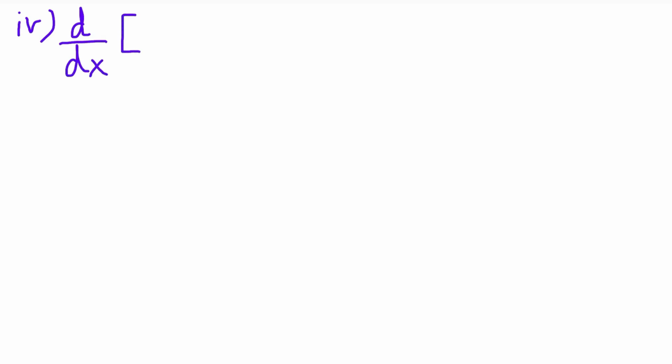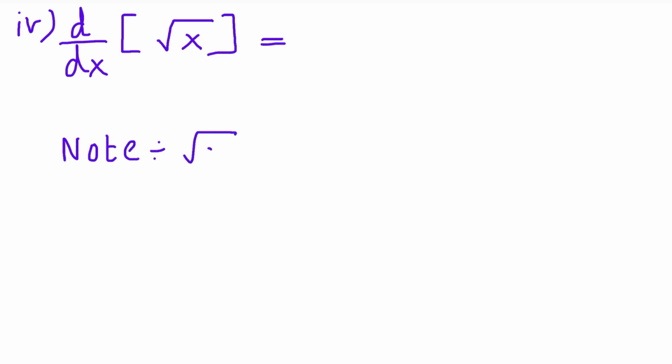Now let's move on to the next example. I'm going to compute the derivative of square root of x with respect to x. Now remember, we can write the square root of x as x to the power 1 half. So I want to use the power rule. Again, this is the same as the third example.